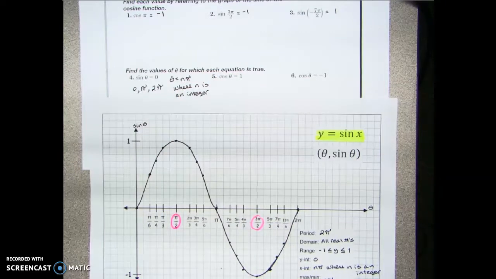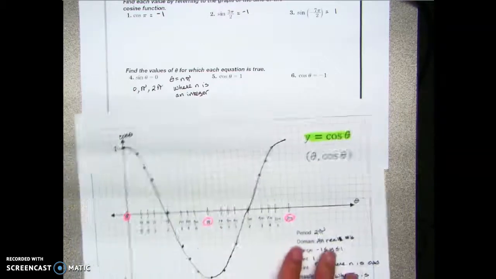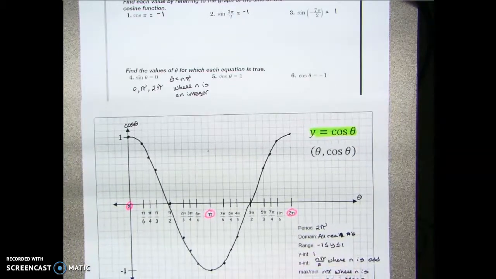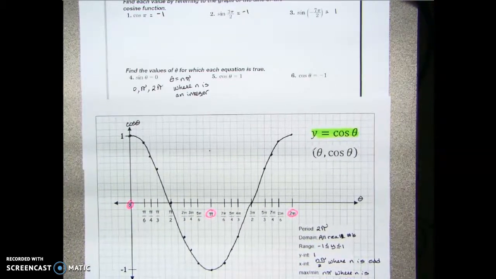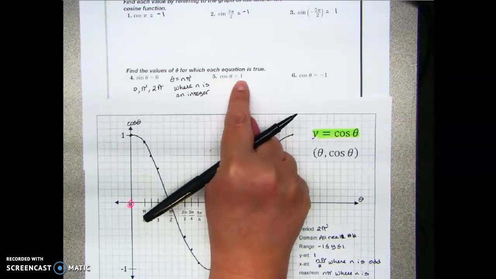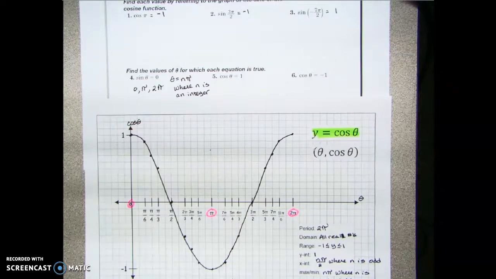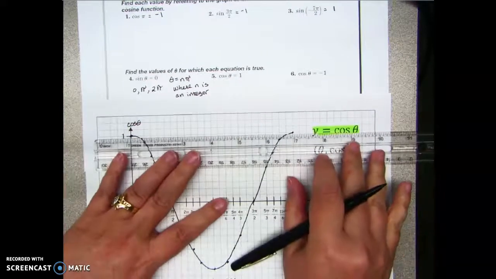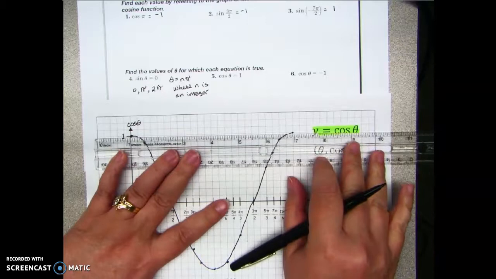All right, so see what you can do with the next questions talking about the cosine graph. Pause the video for a moment and see if you can do that. All right, so if we take a look, we're asking where is the cosine of theta equal to 1, meaning where are my y values equal to 1? That's happening up here where y is equal to 1.